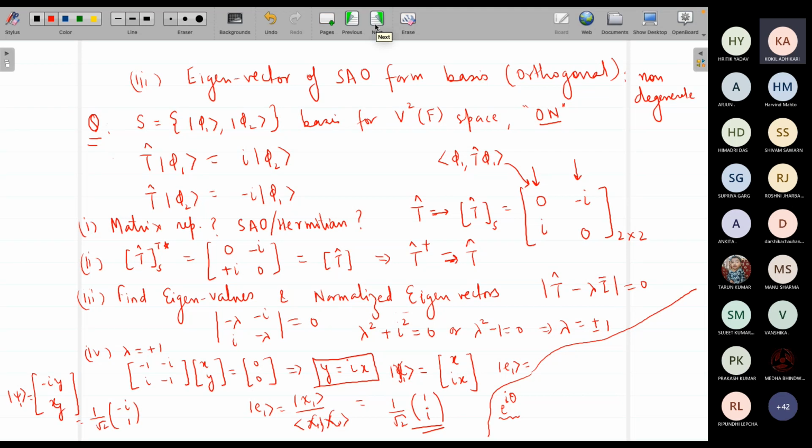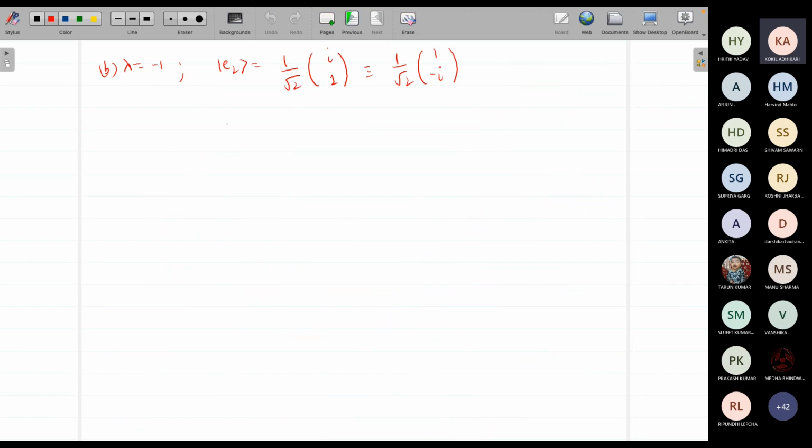It's only the relative phase factors which affect. But anyway, let me just continue the way you went ahead. We got E1, this is how we wrote, 1 i, and E2. You can use any one and you will see that the result will still be the same. Now, are these two orthogonal, by the way, E1 and E2?